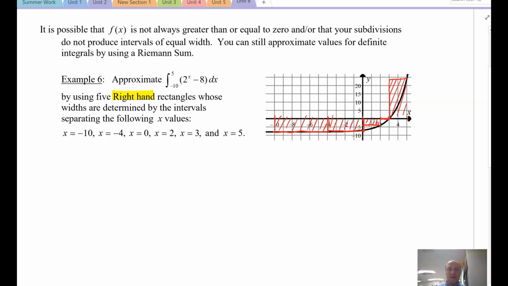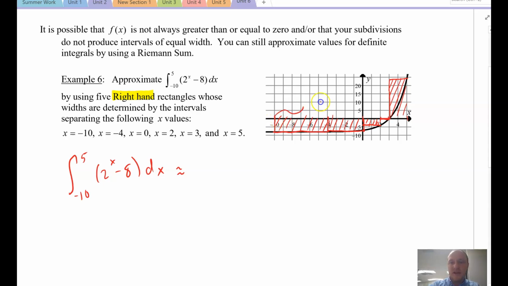Now I want to go ahead and calculate this. So the integral from -10 to 5 of 2 to the power of x minus 8 dx is going to be approximately equal to the width times the height. So we'll evaluate the width.